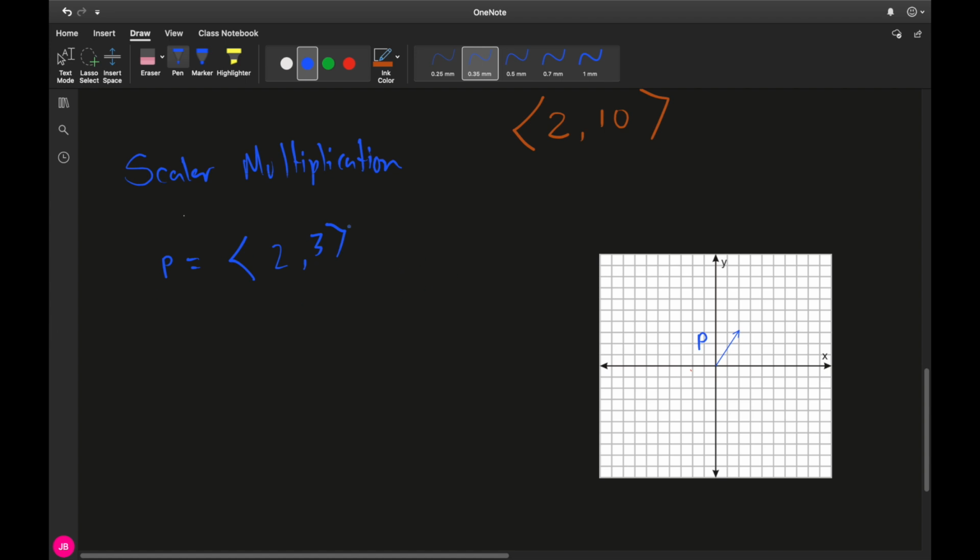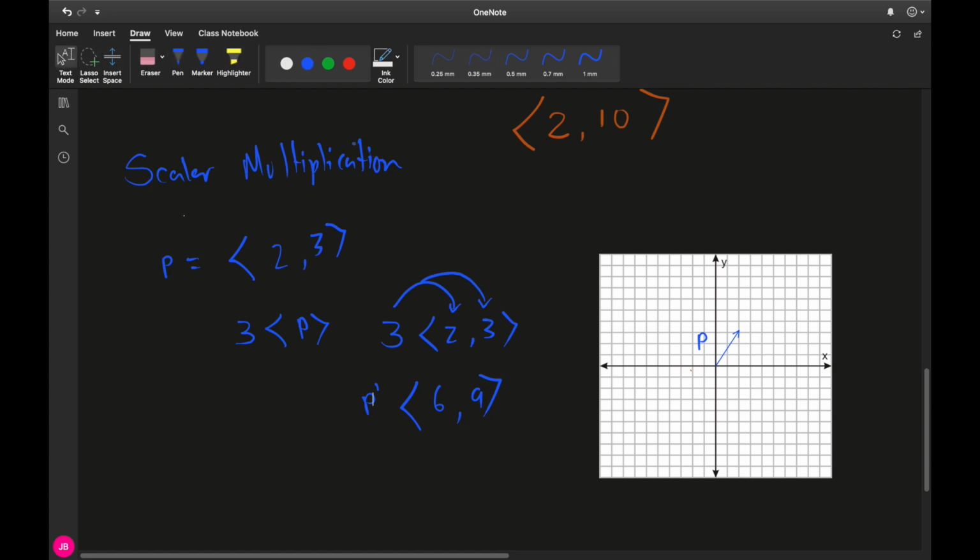Scalar multiplication simply asks you to multiply the whole vector by a certain number. Let's say 3. So 3 times vector p. And all you're going to do is distribute that 3 in here. So 2 times 3 will give you 6, and 3 times 3 will give you 9. And so now you have, we're going to call this p prime, of 6, 9.